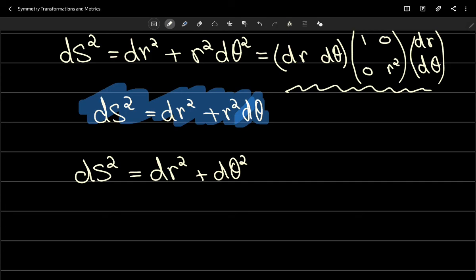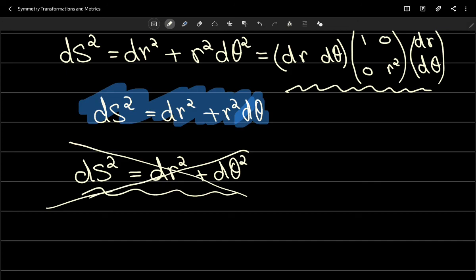Exactly, because you would not have considered the matrix, you would have just considered the coordinate differences, that's all. And you would write this thing over here, which is absolutely wrong. The correct formula infinitesimally is this one with the help of the matrix that we construct.